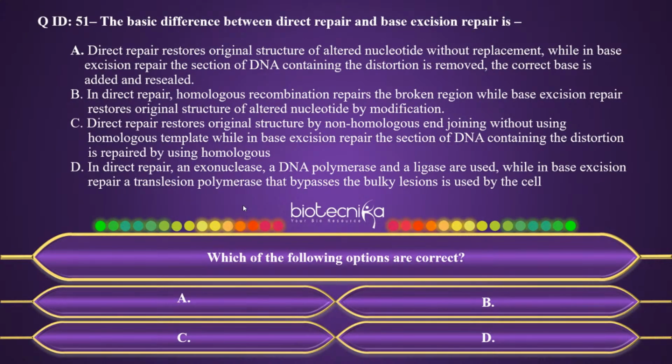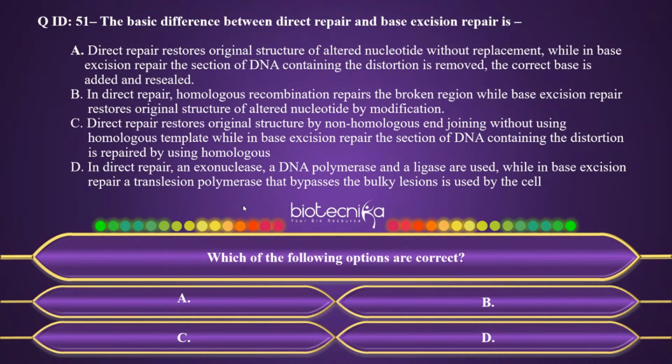Option B says that in direct repair, homologous recombination repairs the broken region, while the base excision repair restores the original structure of the altered nucleotide by modification, right? As we know, the direct repair is not connected to homologous recombination repair.